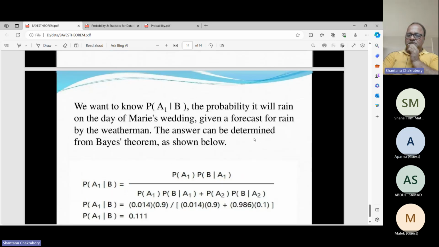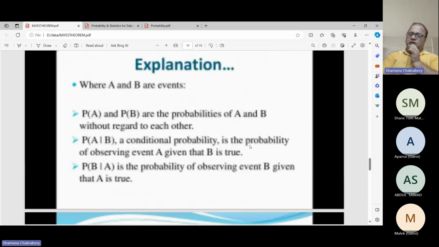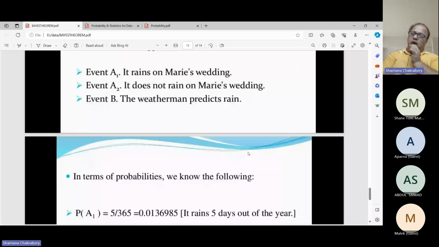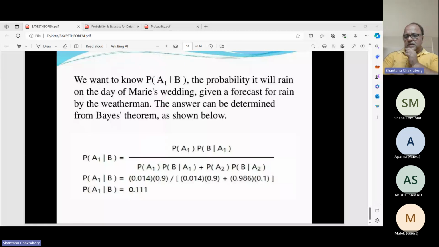Have you understood the Bayes theorem? Yes, sir. It is very important that you understand conditional probability and how it is applied in the Bayes theorem. You should know the probability of a particular event when the other event has already occurred, or when you are given a probability of that event.